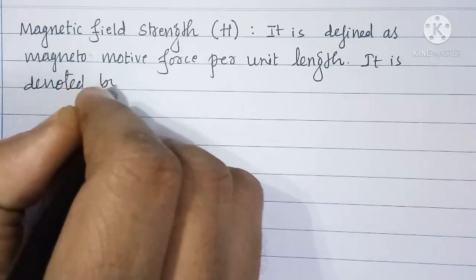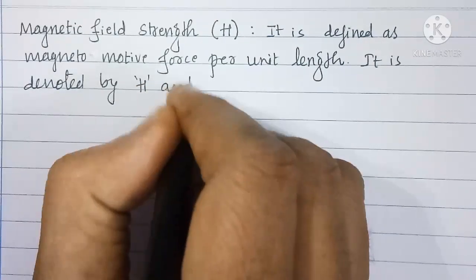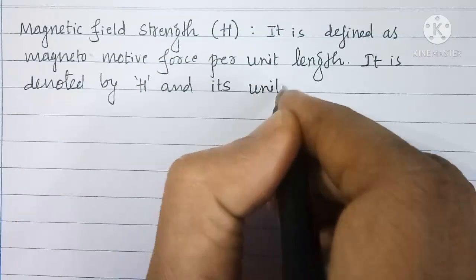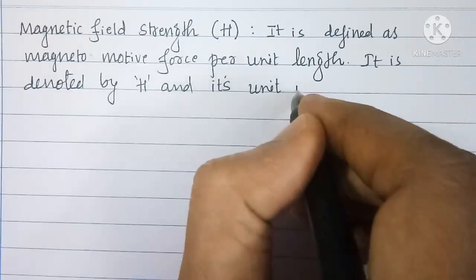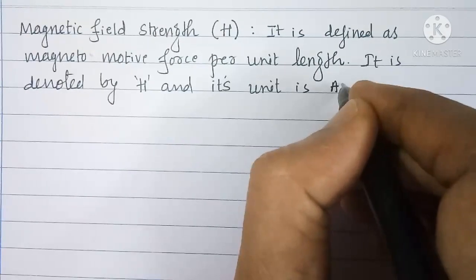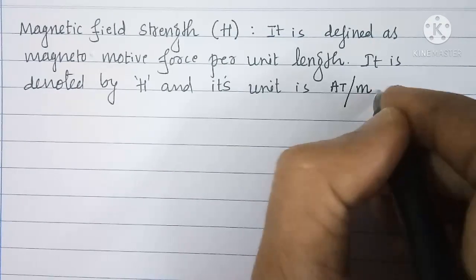It is denoted by H and its unit is ampere turn per meter.